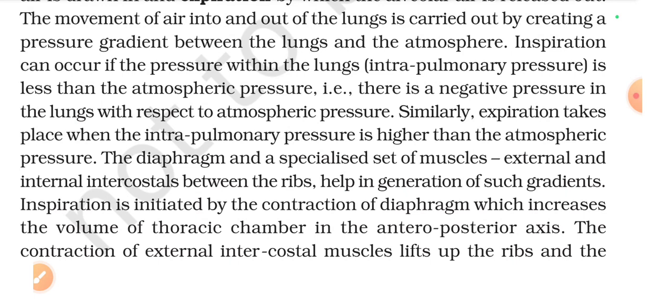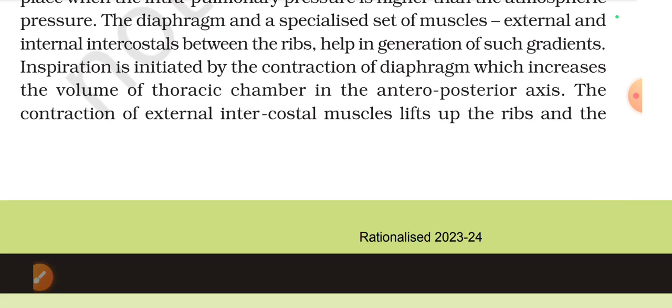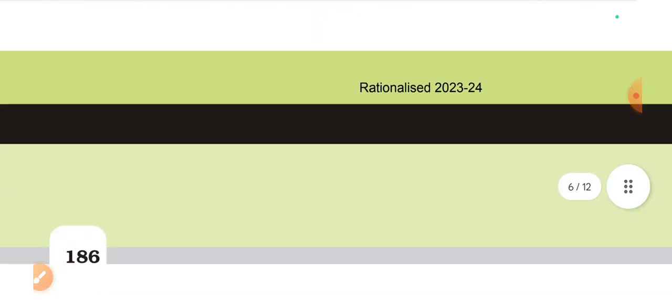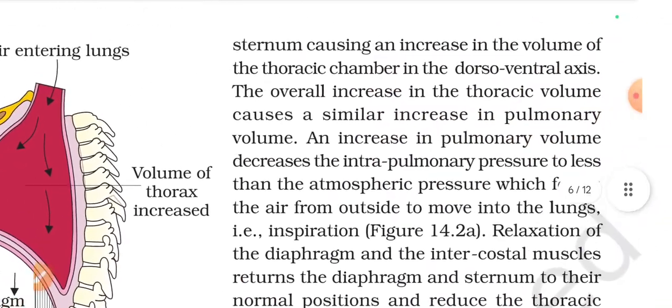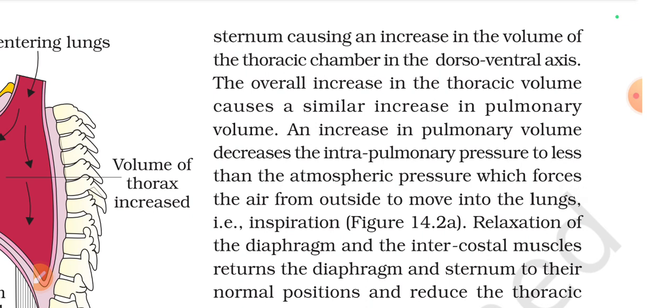gradients. Inspiration is initiated by the contraction of diaphragm, which increases the volume of thoracic chamber in the antero-posterior axis. The contraction of external intercostal muscles lifts up the ribs and sternum, causing an increase in the volume of the thoracic chamber in the dorsoventral axis.